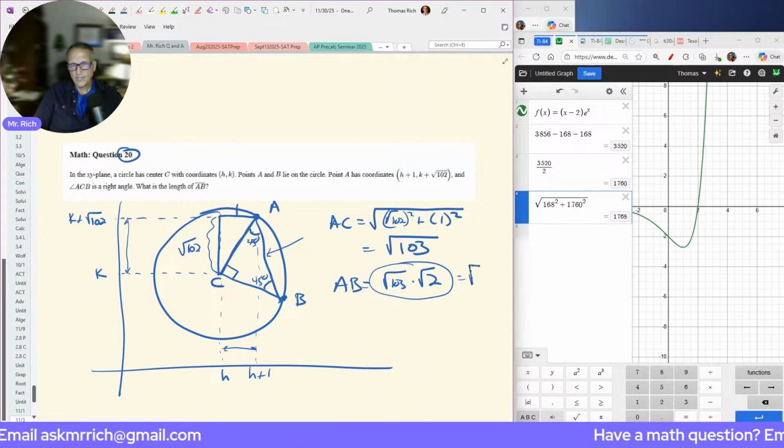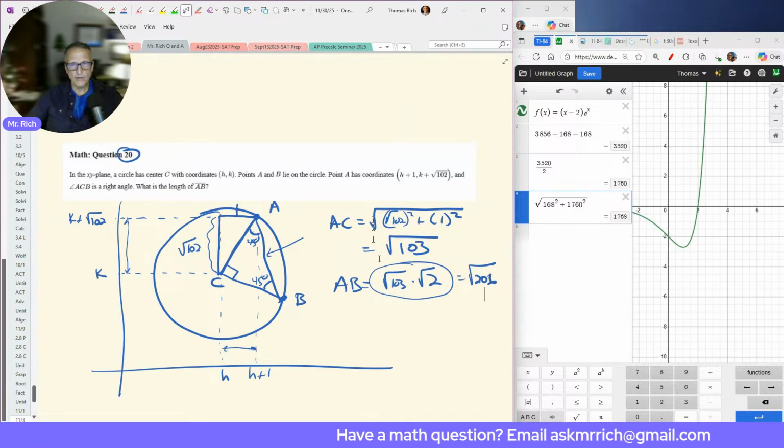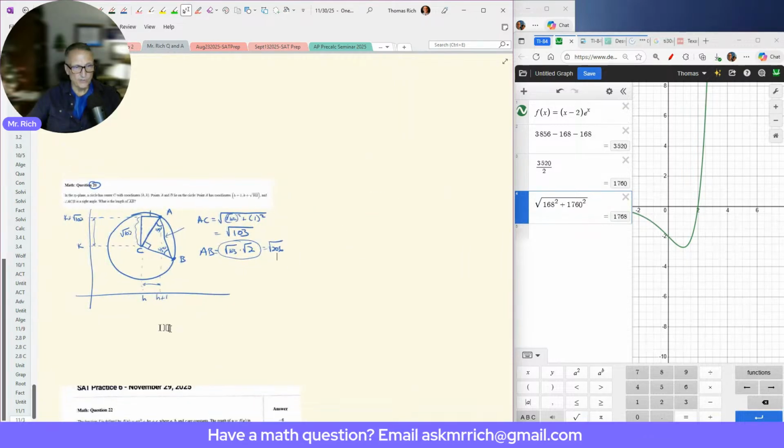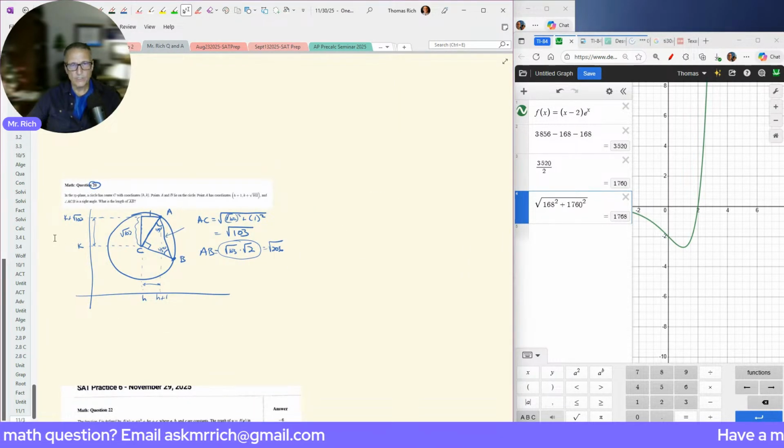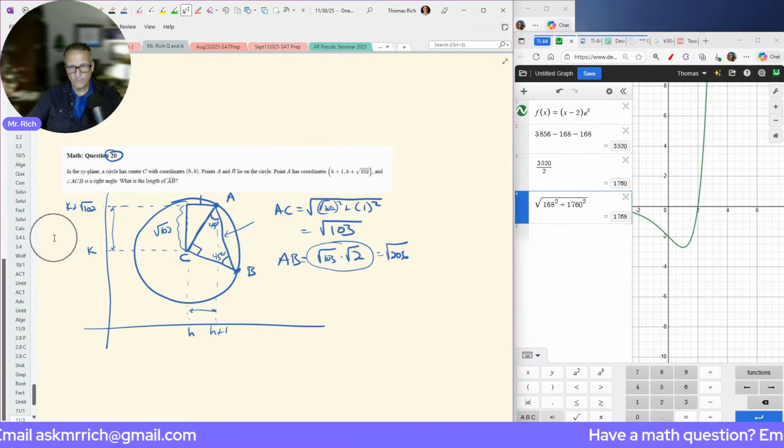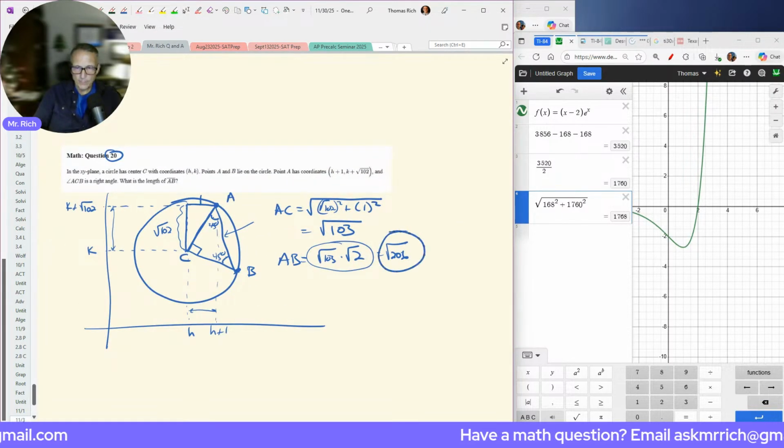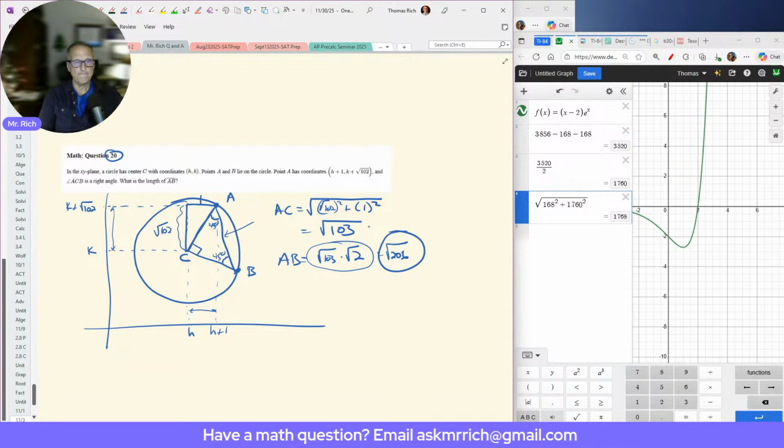So this answer should be root 206. Now, I don't think I've got the multiple choice answers on this one either, but I'm quite certain that this was a multiple choice problem, and that is going to be the measurement for AB right there.